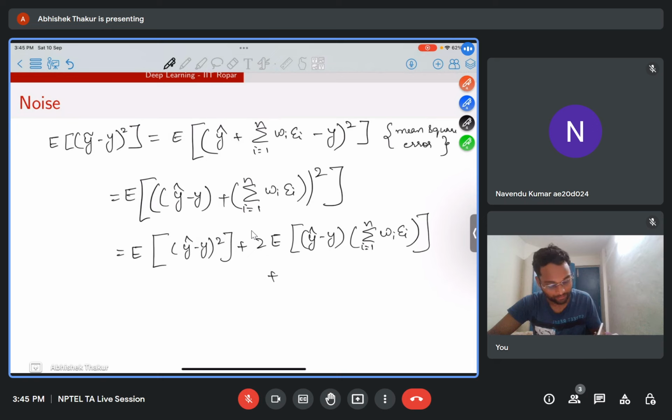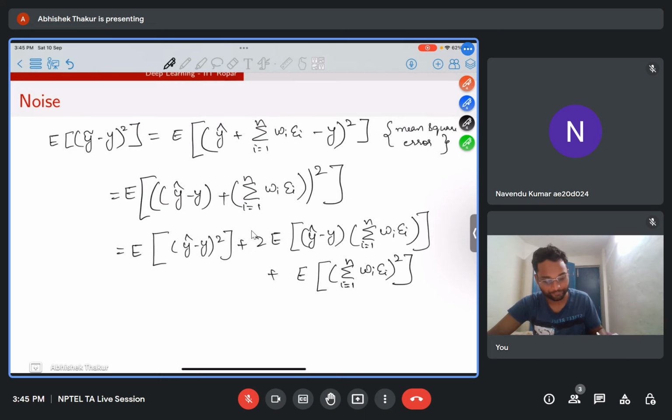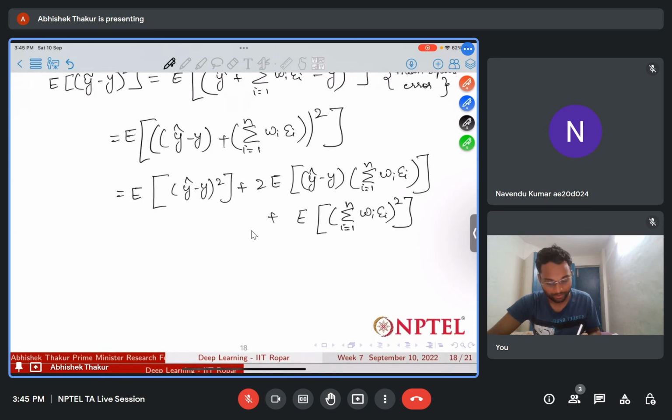And the third term will be the expectation of the summation from i equal to 1 to n of wi ei, squared. Okay. So these are the three terms: the first term, second term, and third term. We will just see the second term first here.